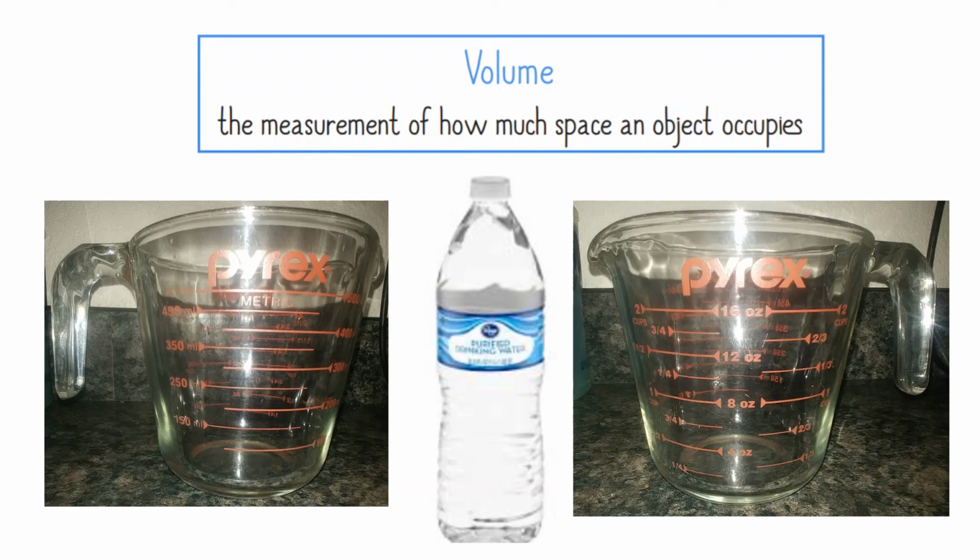It says that it holds 16.9 fluid ounces, and that amounts to 500 milliliters, which is also 1.05 pints. So I want you to find the volume of your water bottle.